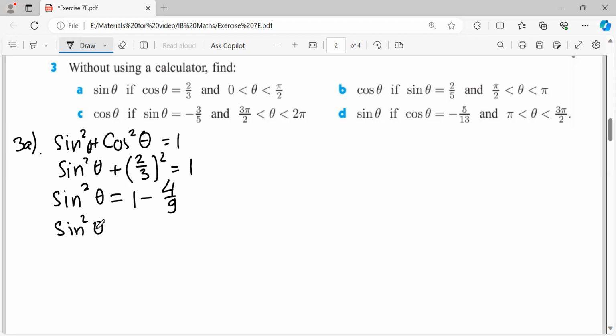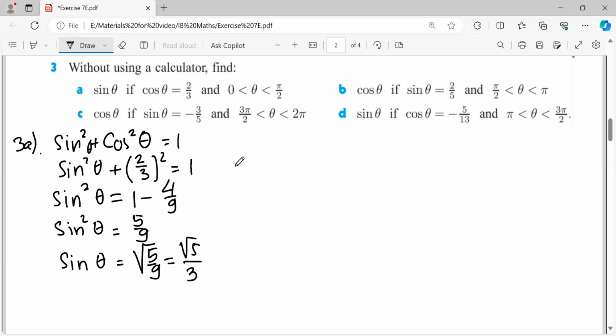Sine squared theta equals 5 over 9. Sine theta equals square root 5 over 9, or plus or minus square root 5 over 3.